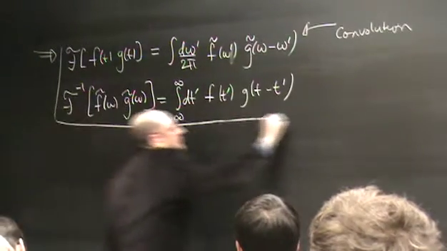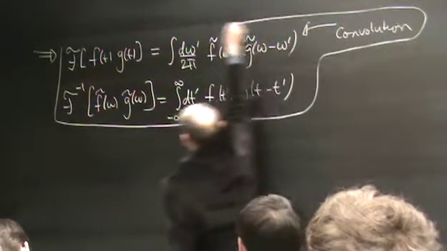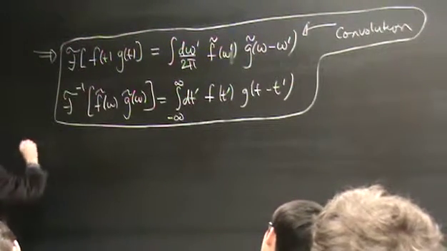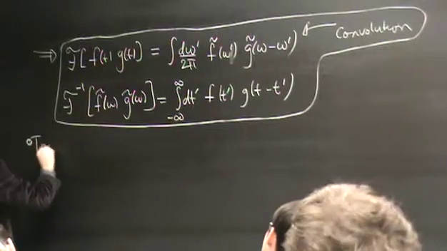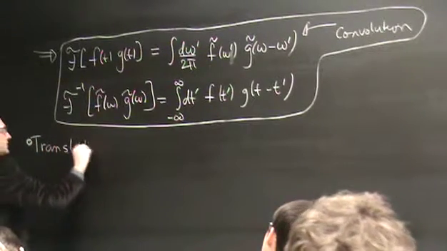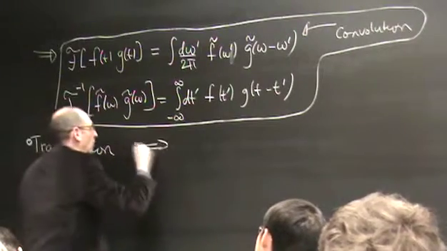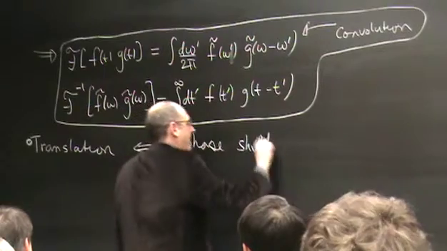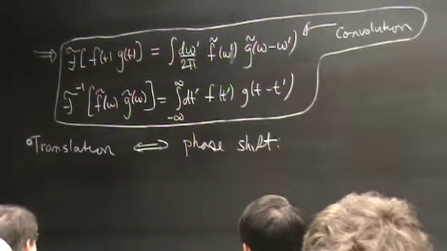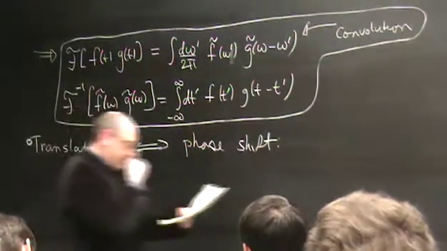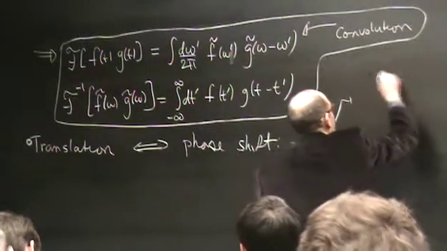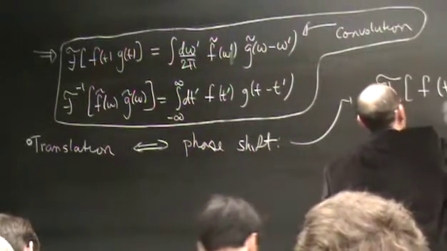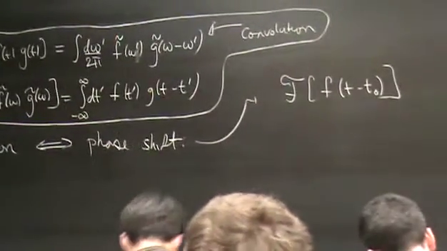Important result. Next, translation dual with phase shift. What do I mean by that? So let's look at the Fourier transform of a shifted function, shifted by some amount t naught.